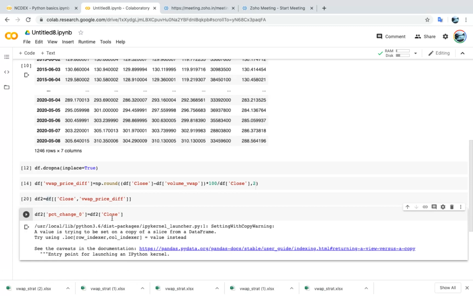SettingWithCopyWarning: value is trying to be set on a copy of a slice.